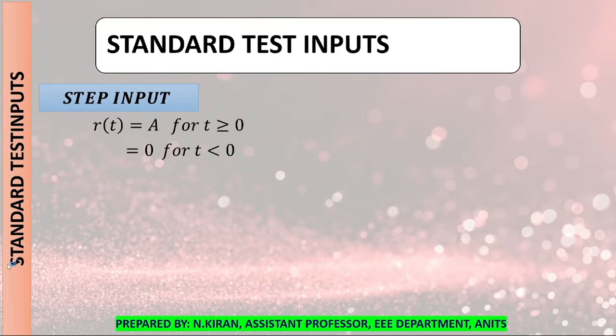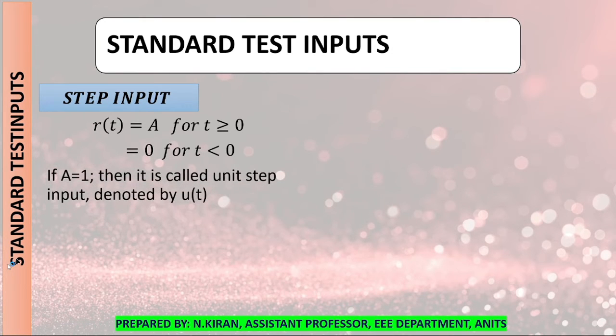And if this A value is 1, then we call this unit step input. We denote it by u(t). And if we apply Laplace transform, the Laplace transform of the step input will be A/s. And the Laplace transform of unit step input will be 1/s.